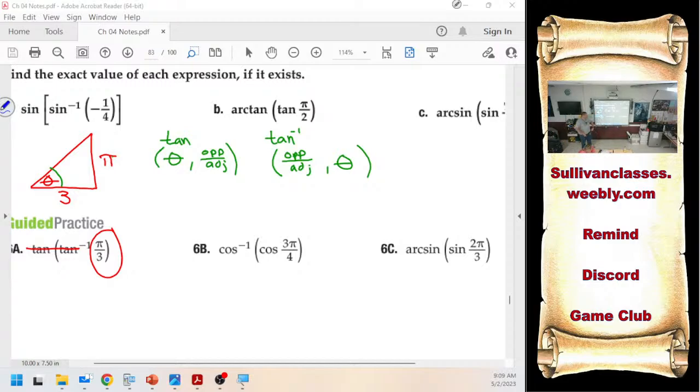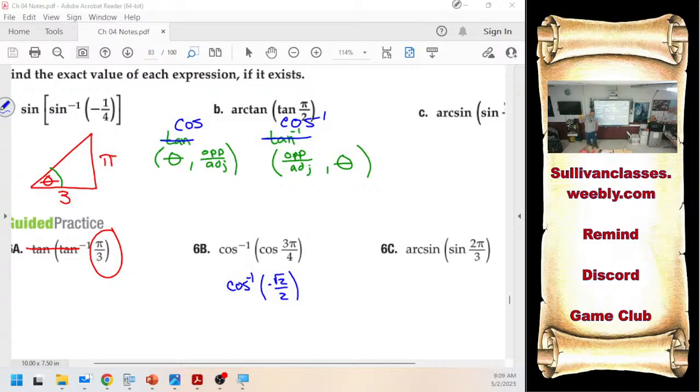Okay. Next up, cosine 3 pi over 4. This is the same thing. Regular cosine, I put in angle. Now I'm going to look at the angle 3 pi over 4, and it has a cosine value of negative root of 2 over 2. So now go do the arc cosine of that.